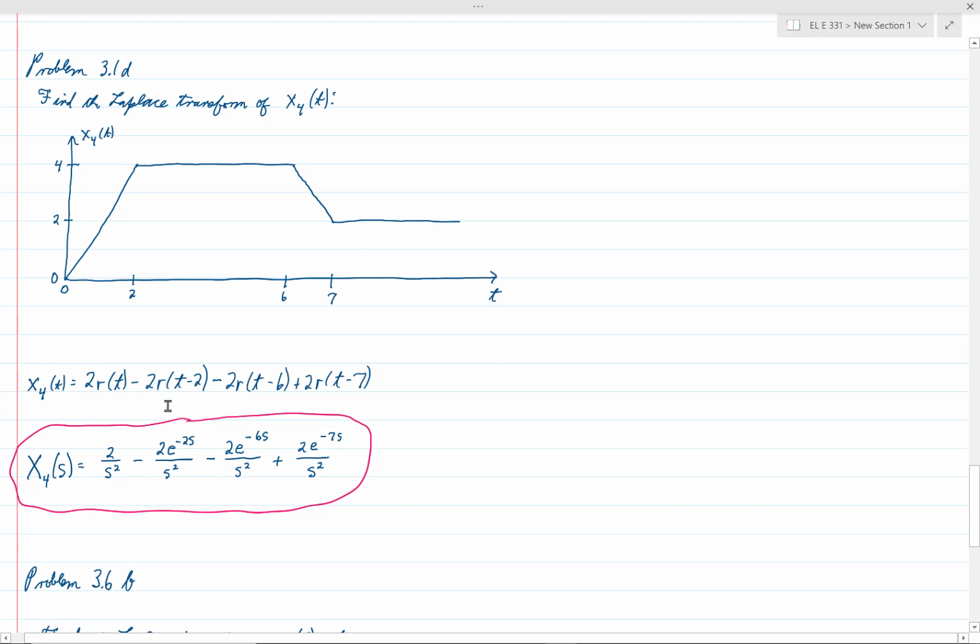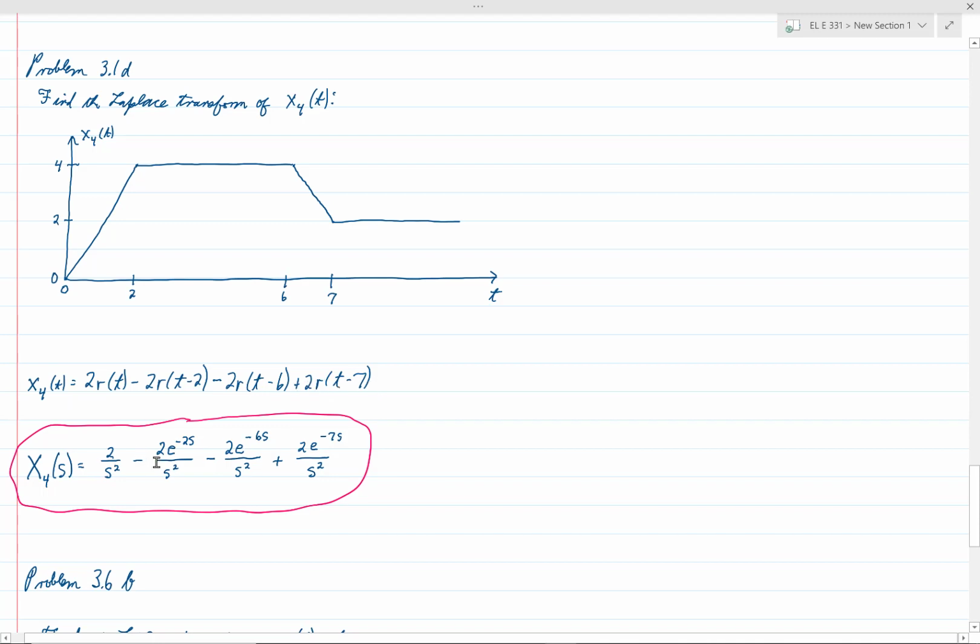So now that we have the function written like this in terms of singularity functions, well, it's really pretty simple to then find the Laplace transform of that. We know from above the Laplace transform of r of t is 1 over s squared, so the Laplace transform of this first term is 2 over s squared, and then we can get the Laplace transform of all the remaining terms using the time shift property.